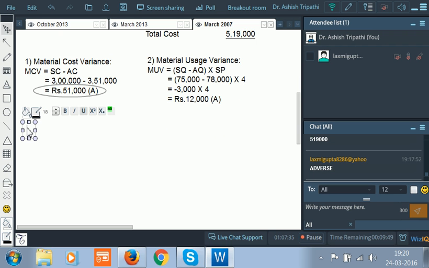Now we will go for the third one, material price variance.